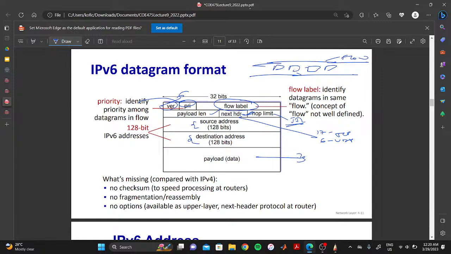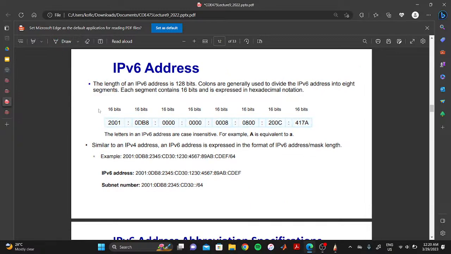This gives you a constant length. You understand? So it is actually faster than IPv4, which has to look at plenty of things. Very, very simple. Light work. Okay, so there's an IPv6 address.